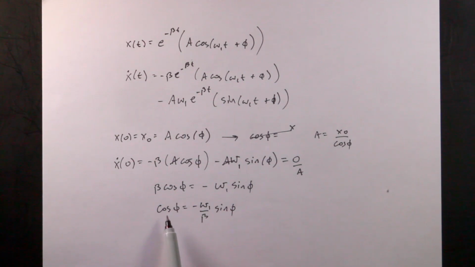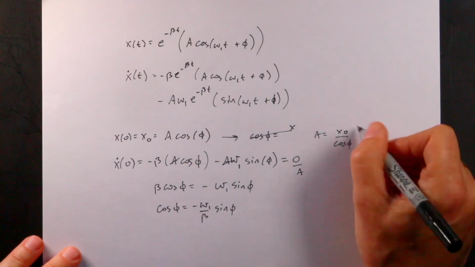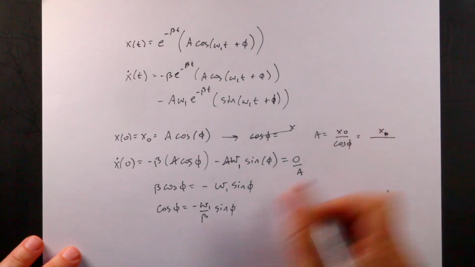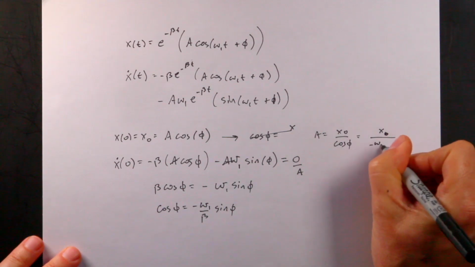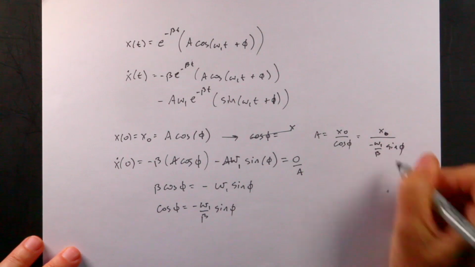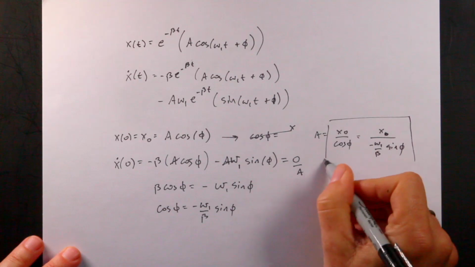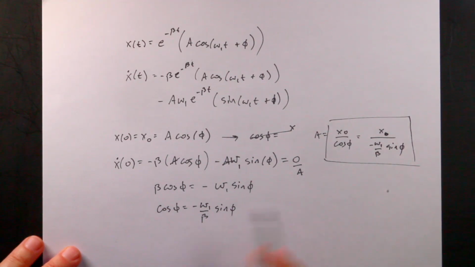What did I do then? Oh, I also know cosine phi is this, so I can say this is also equal to x0 divided by all this, negative omega 1 over beta sine phi. I think this is a dumb way to do it, but I did it anyway. So now I have an equation that just deals with, oh, I could have done that over here. Ha, I didn't need to do that.